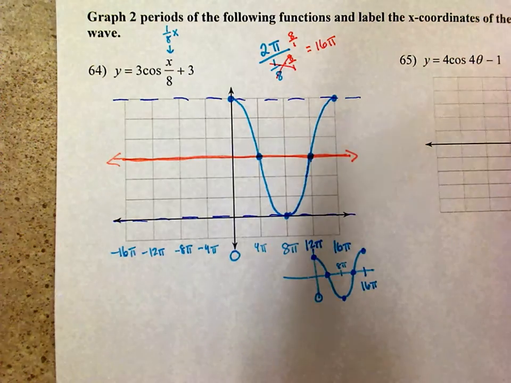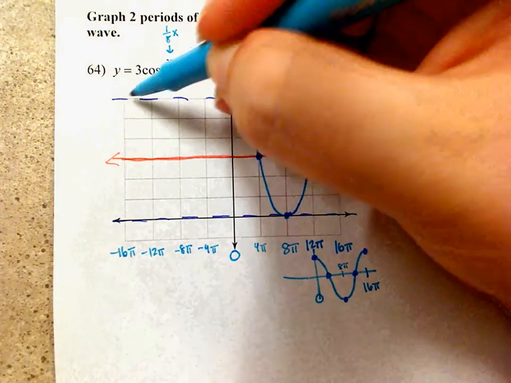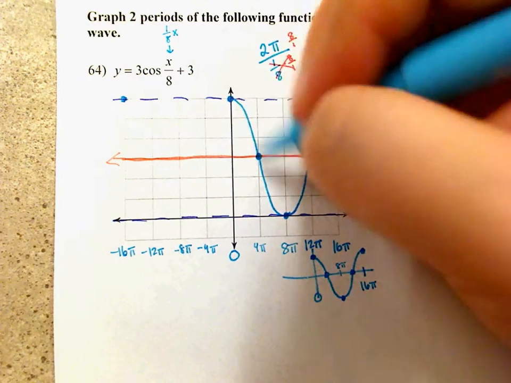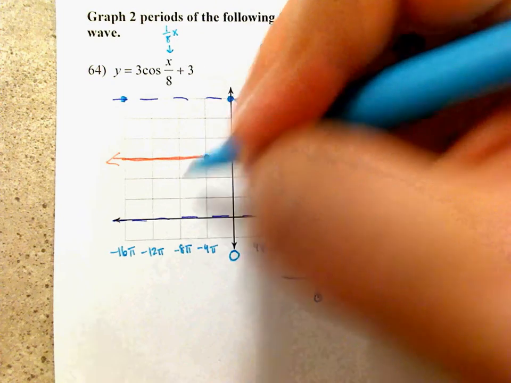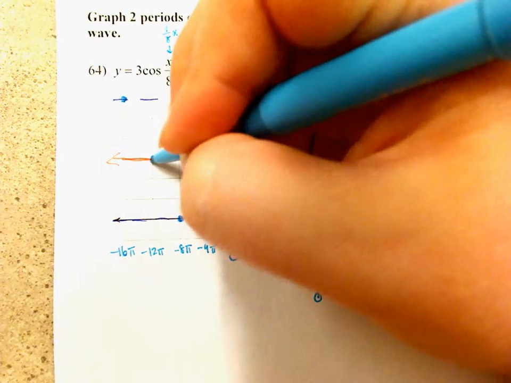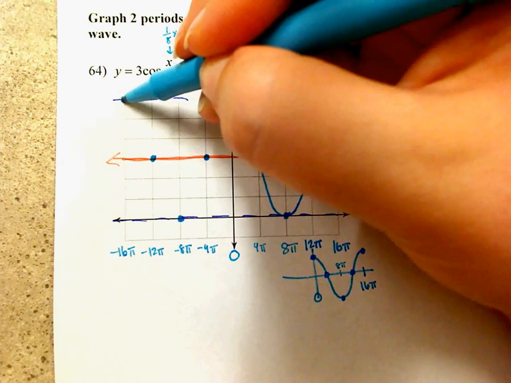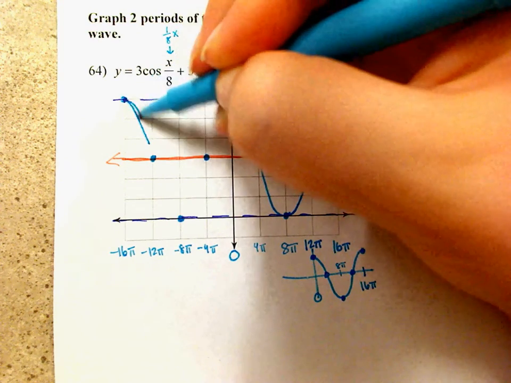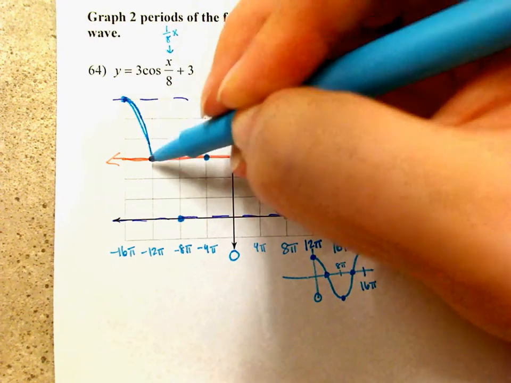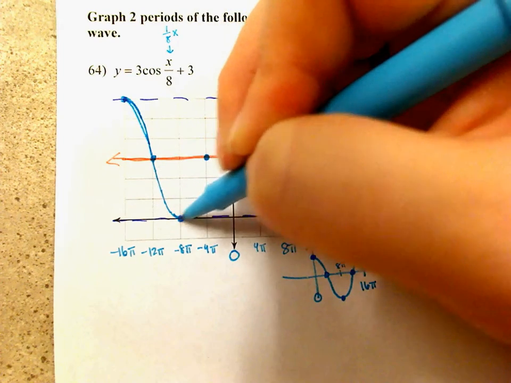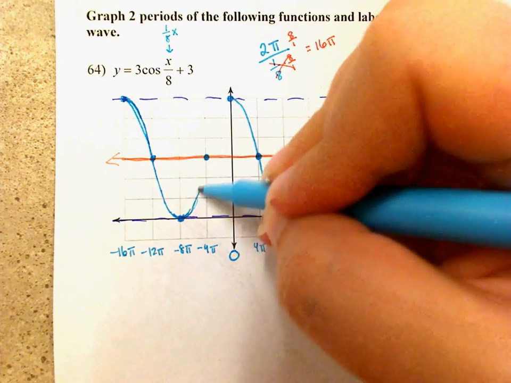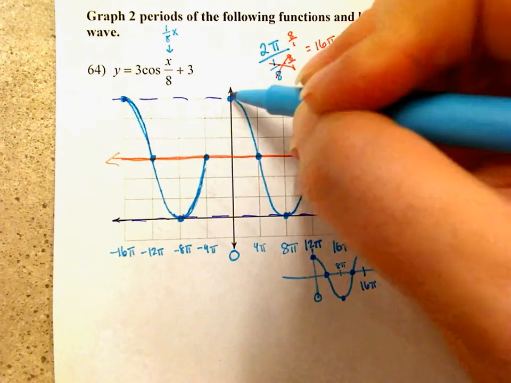Start here, end here. Or you can just keep the wave going. You can tell that you're doing this. So then just go here, here, here, and there. Make sure that your points actually hit where they're supposed to, and make sure that your curve actually goes to those points. Okay? And there you go.